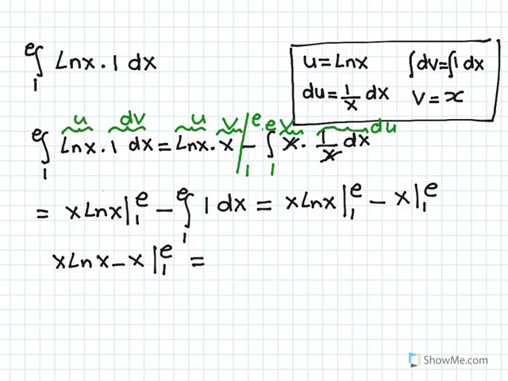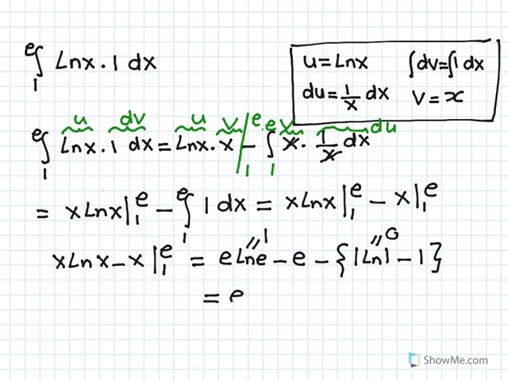So applying the fundamental theorem of calculus, we plug the upper limit in, x equals e, and we get e log e minus e. Now minus, plugging the lower limit in, we get 1 log 1 minus 1. Log of e is 1, log of 1 is 0, so we get e minus, log 1 is 0, minus minus is plus, we get plus 1. e minus e is 0, the answer is 1.